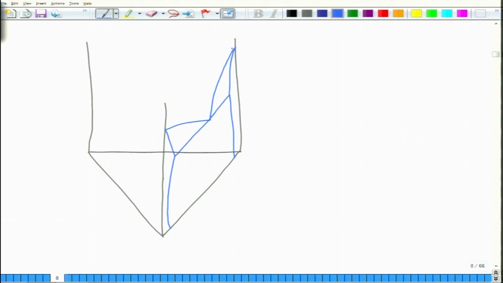On the other side we have another phase diagram which is of this kind, let us say.